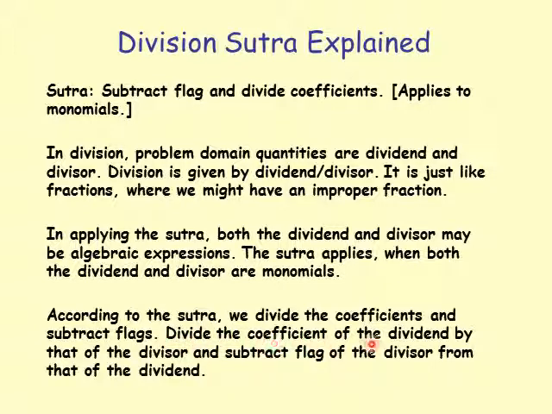So divide the coefficient of the dividend by that of the divisor, and subtract the flag of the divisor from that of the dividend. Subtract the flag of the divisor from the flag of the dividend, and divide the coefficient of the dividend by the coefficient of the divisor.